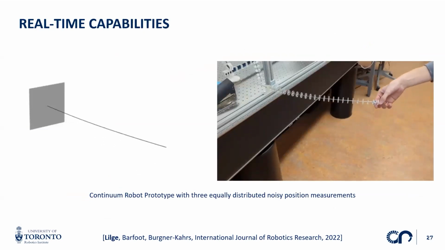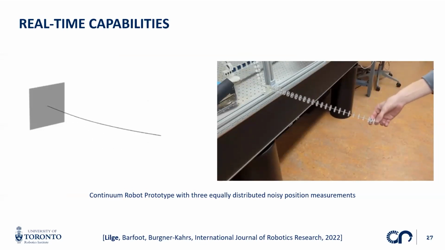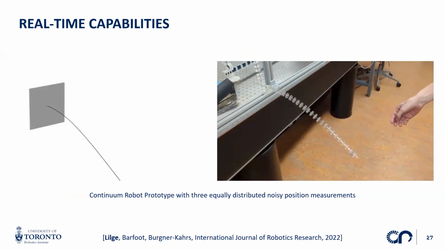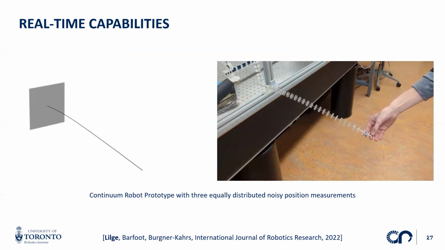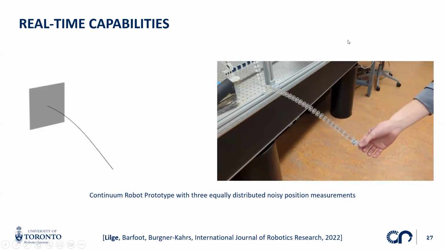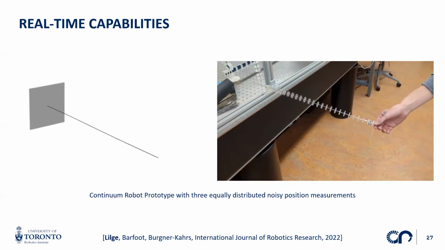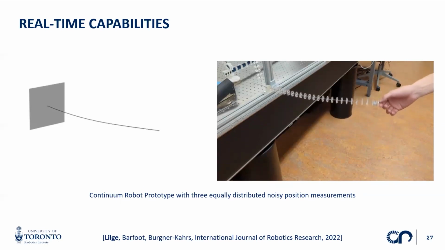So I just want to emphasize that the state estimation problem can be solved actually really fast. Here's one example where we have a tendon-driven continuum robot where we measure 3 positions equally distributed along the arc length. And then our state estimator on the left runs in real time using these 3 discrete positions to give us an estimate of the whole center line of the robot.